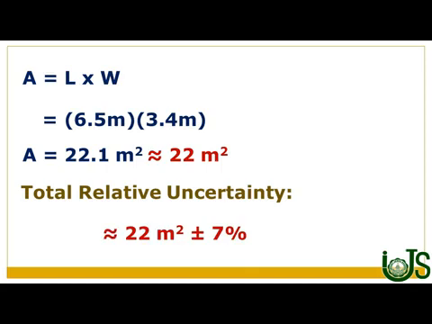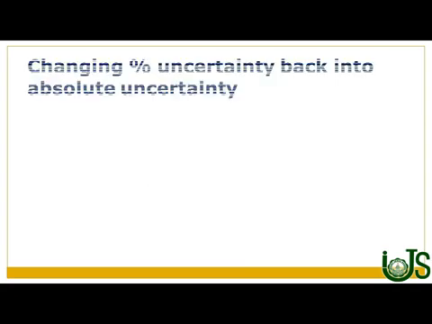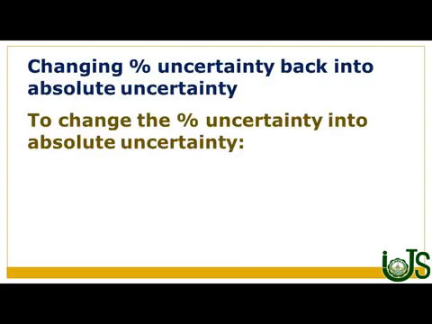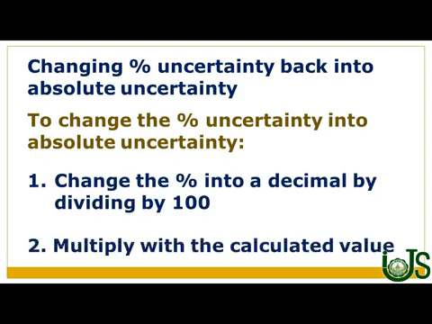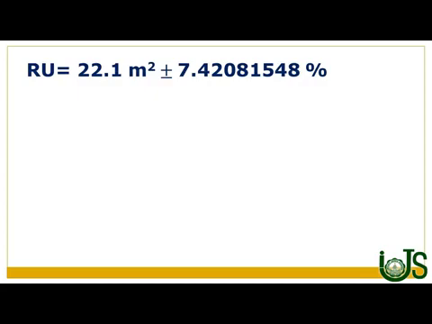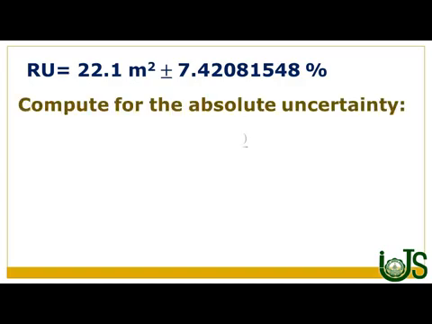Now, to change percent uncertainty back into absolute uncertainty, first you change the percent into a decimal by dividing it by 100, and then you multiply it with the calculated value. For example, if your relative uncertainty is 22.1 meters squared ± 7.42081548%, you multiply the percent uncertainty by its measured value and divide by 100.